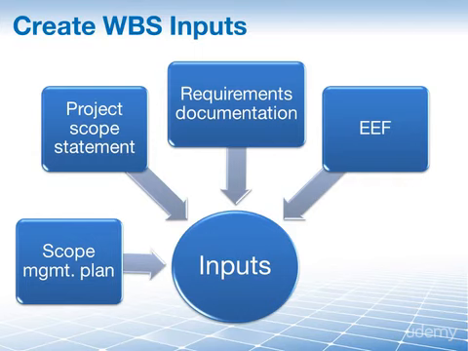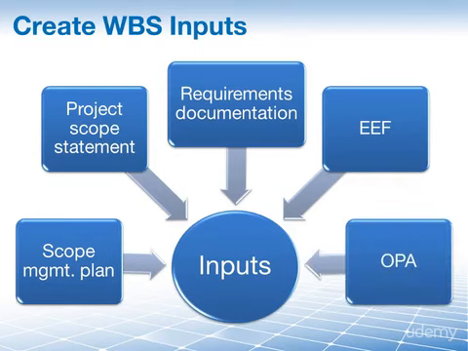Remember, the 100% rule. And lastly, we have the organizational process assets. Here, for instance, we're talking about WBS templates that your company uses. So if we already have a template for a WBS, why not use it? No need to reinvent the wheel.